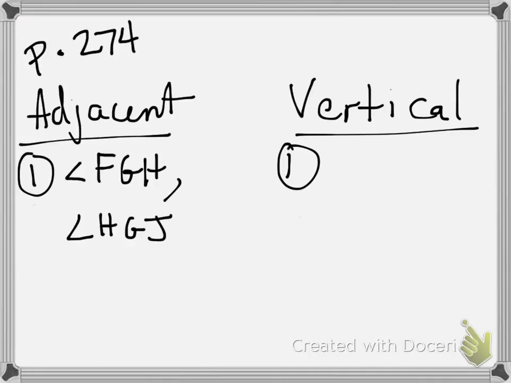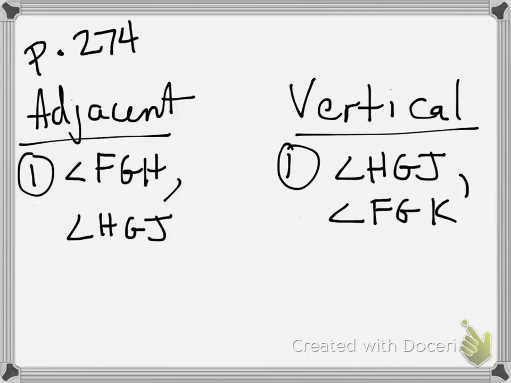And then if I'm still looking at number 5, I have to choose angles that are vertical, in other words, opposite. So let's say I choose angle HGJ. The vertical one to that is going to be angle FGK. Those are going to be adjacent angles and then also vertical angles.